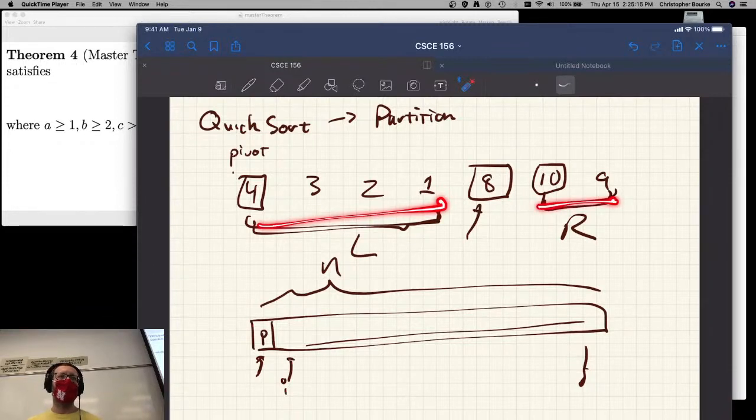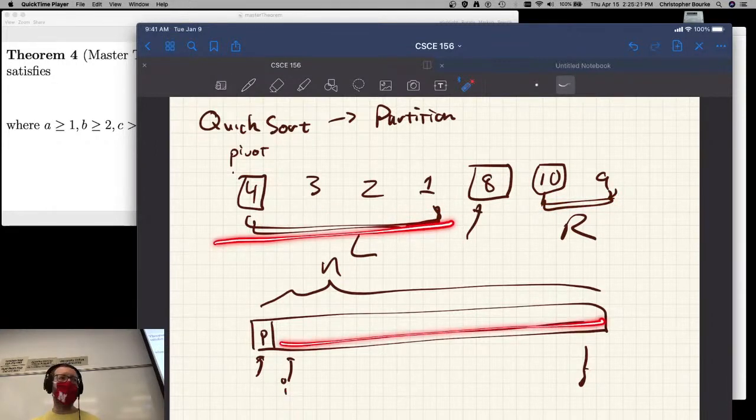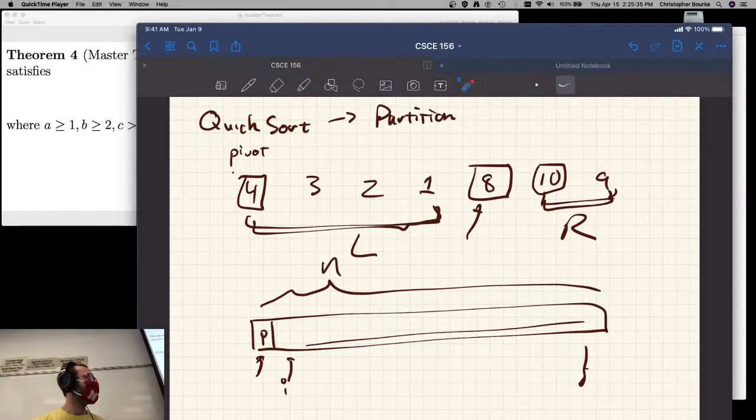Think about the worst case scenario, where all n minus 1 of them get shoved over here, or they all get shoved over there. And you have a partition that is empty, and a partition with n minus 1 elements in it. That's the unlucky situation. What pivot choice did you make that ended up being like that?